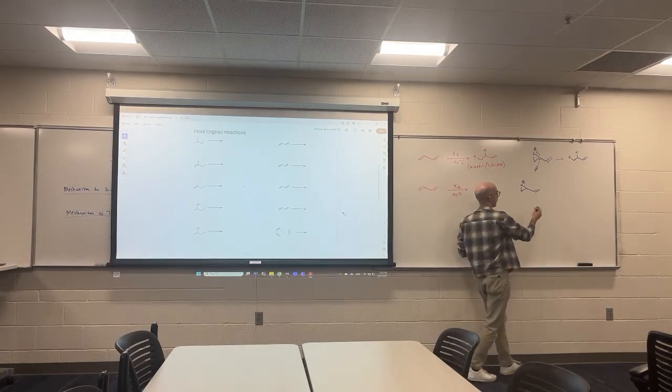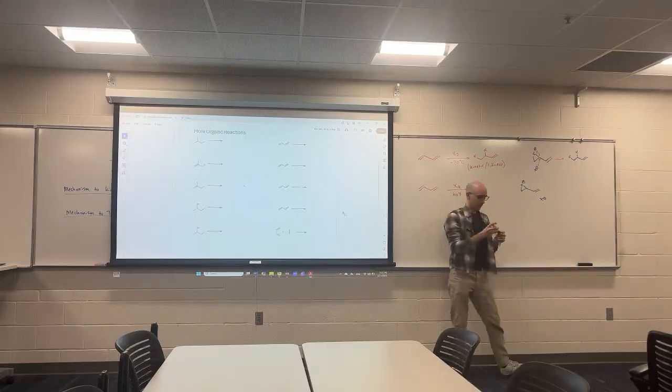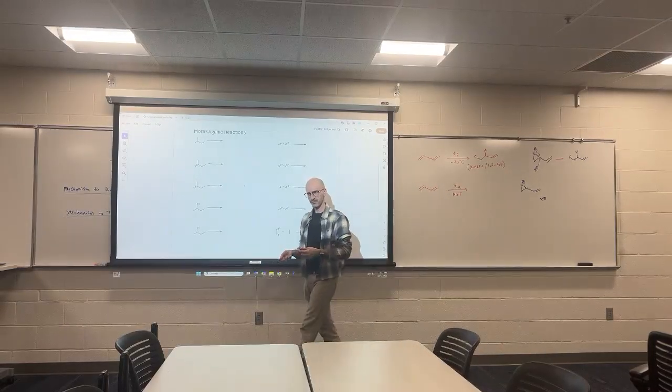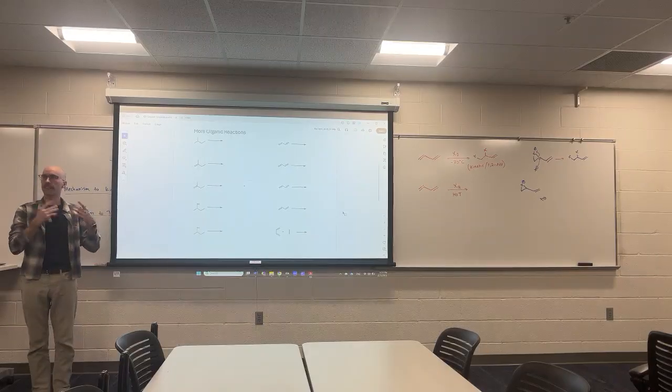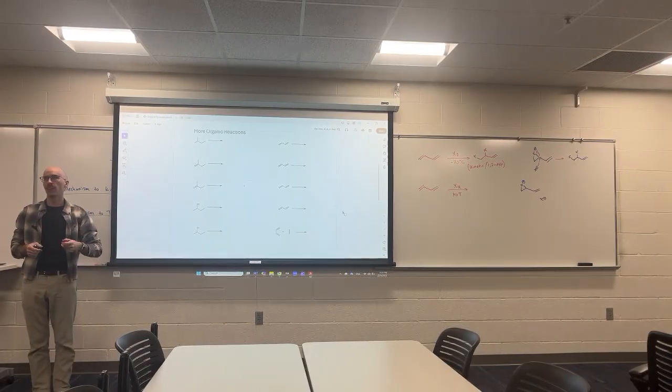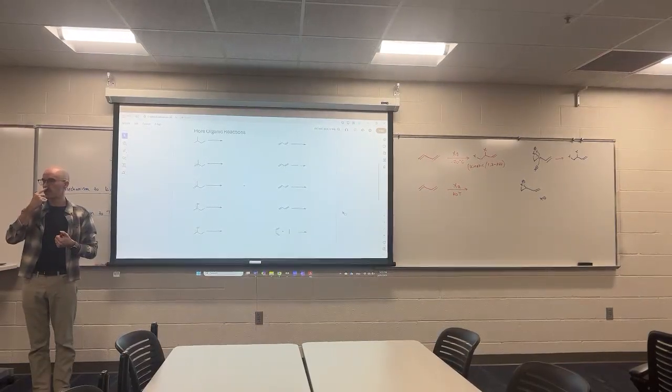Would you agree, though, that it also is more stable for the halide to attack at the more substituted position? The more substituted carbon has a more positive charge, and so the halide is drawn to that more positive charge.